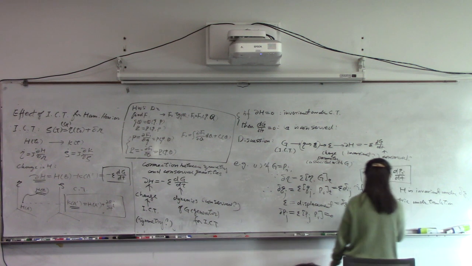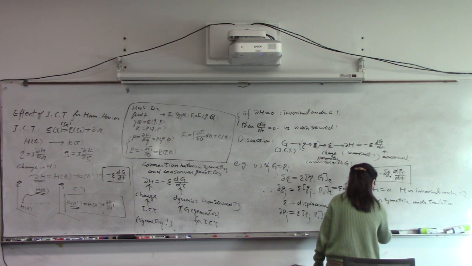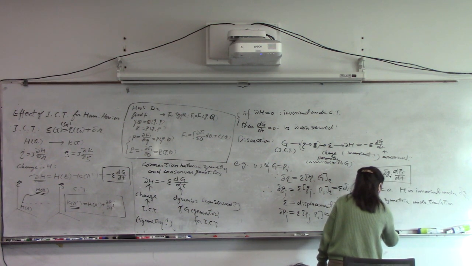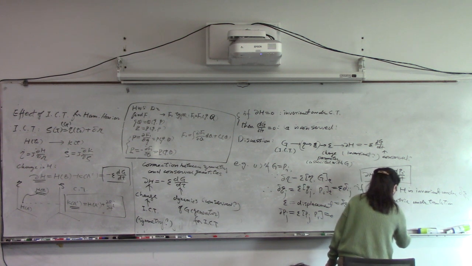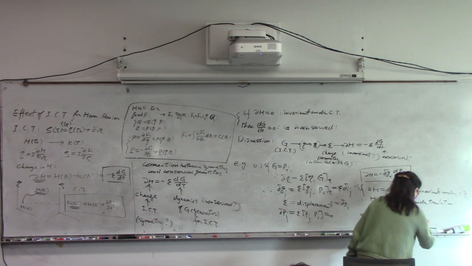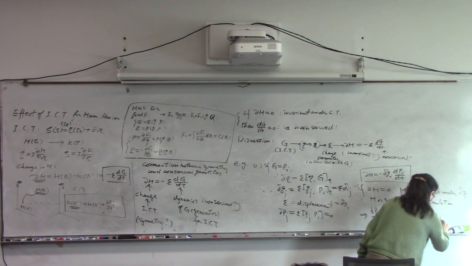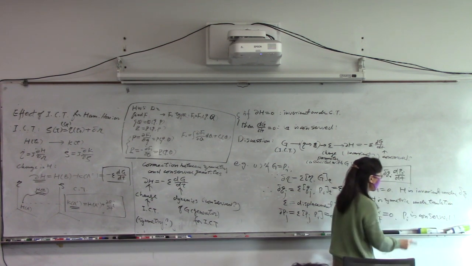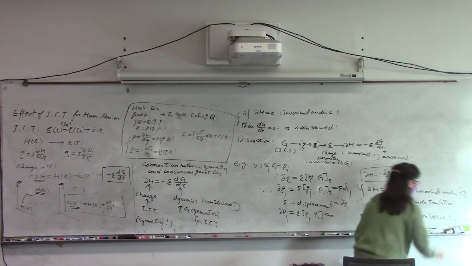Then dpi dt equals 0, so linear momentum is conserved. That is the analysis from here.